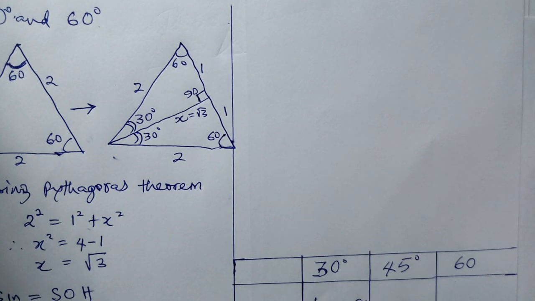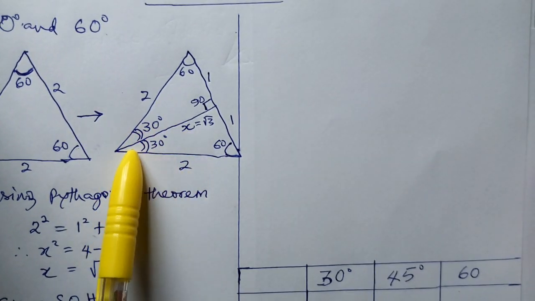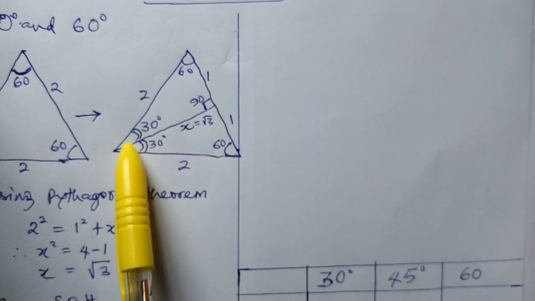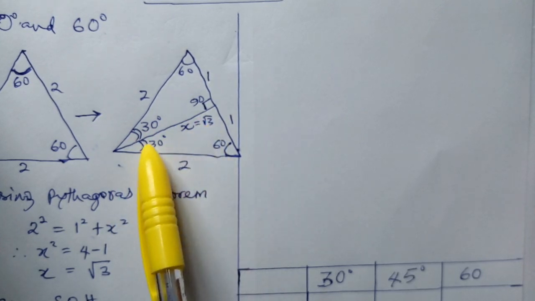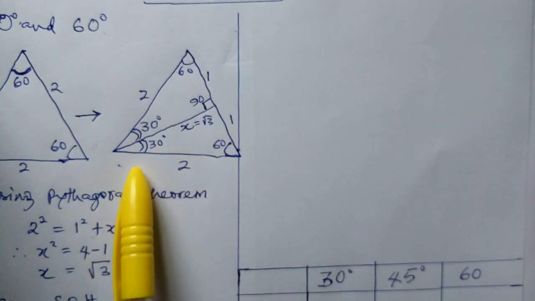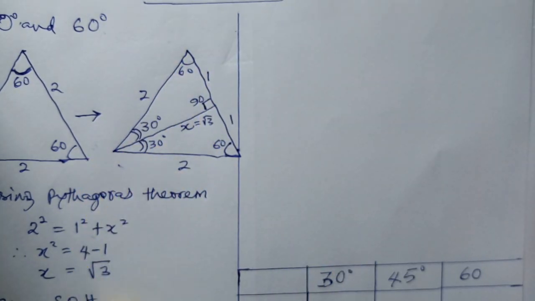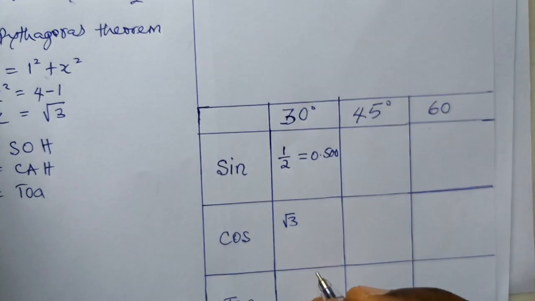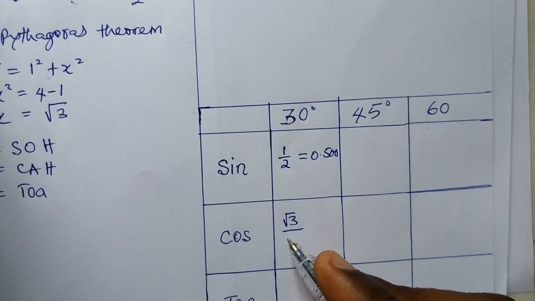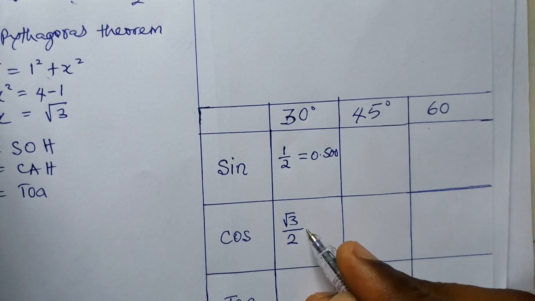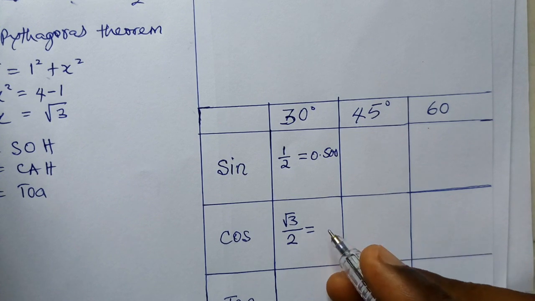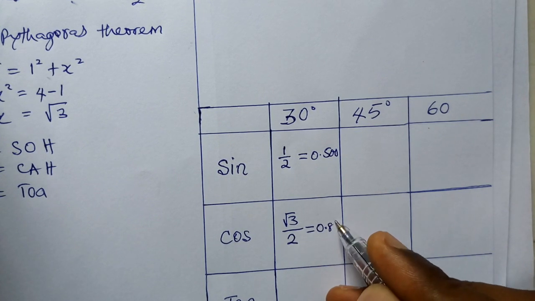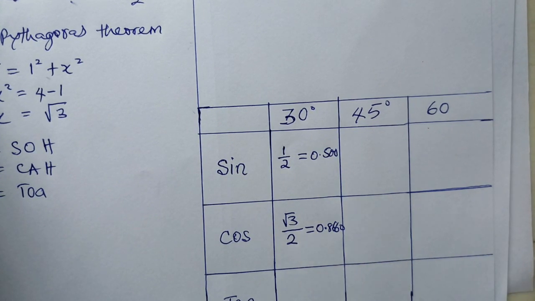Cos 30, on the other hand, is adjacent to this angle over hypotenuse, which is root 3 over 2, and that will give us about 0.8660.